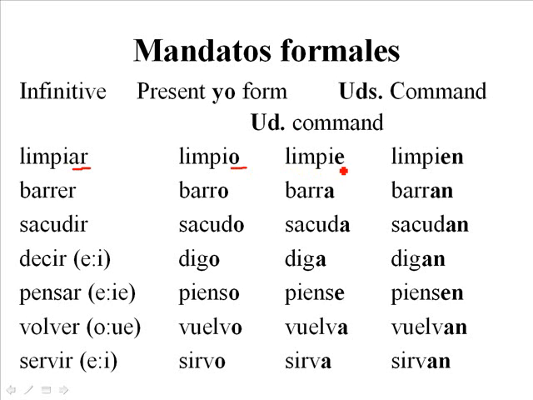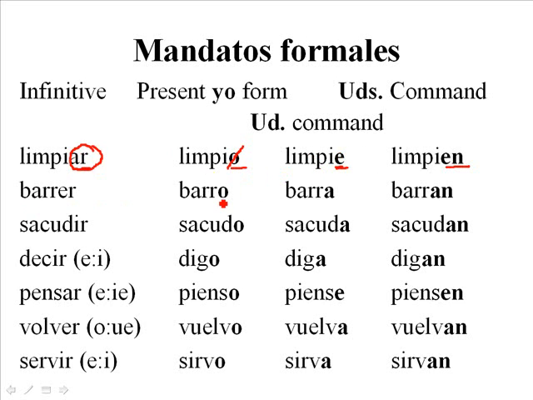And here, limpie, usted form, or limpien, ustedes form, you guys. So we see we've taken off the o on the yo form, and we've added the opposite conjugation. An AR verb is going to have an ER ending.